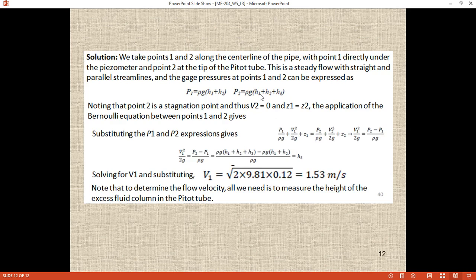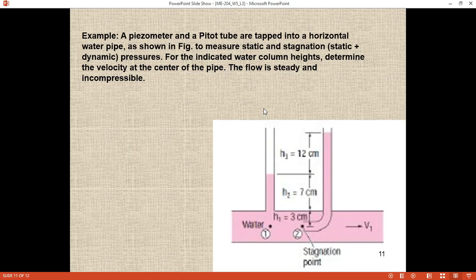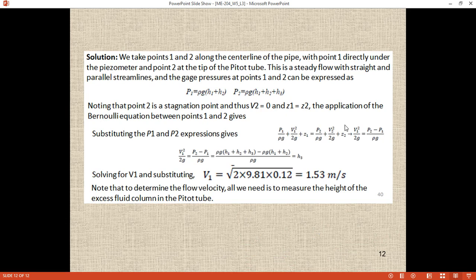Noting that point 2 is a stagnation point, and thus V2 is equal to 0, and Z1 and Z2 lie on the same reference line, so Z1 and Z2 are equal. Now we apply the Bernoulli equation between point 1 and point 2, substituting the values of P1 and P2. Z1 and Z2 are equal so they cancel out.